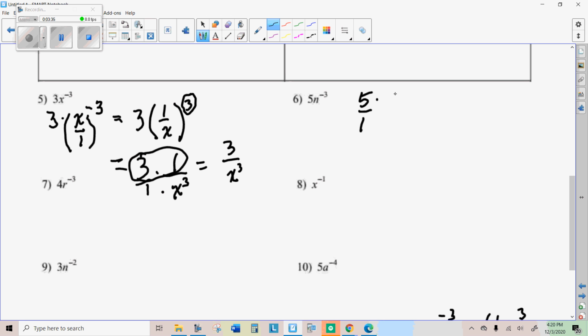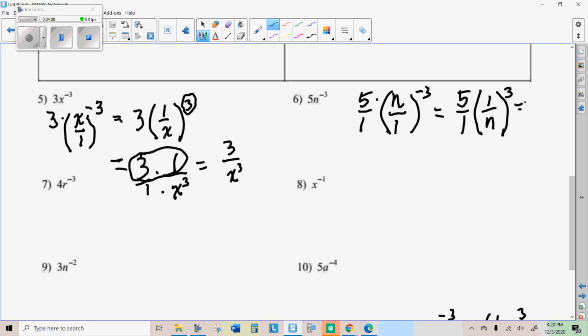Okay, so to think of n to the negative third as a fraction, I'll just put n over 1 to the negative third. And then that is going to flip. And when it flips, when we do the reciprocal, it becomes a positive power. So that's how you get rid of the negative power. You just flip the fraction and it becomes a positive power.